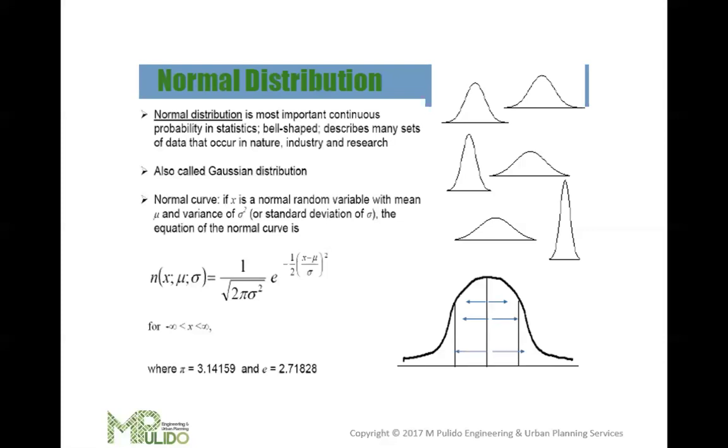So we have again the mathematical formula of a normal distribution. N of x, mu, sigma equals 1 over square root of 2 pi sigma square, times e raised to minus 1/2 times (x minus mu) over sigma, squared.